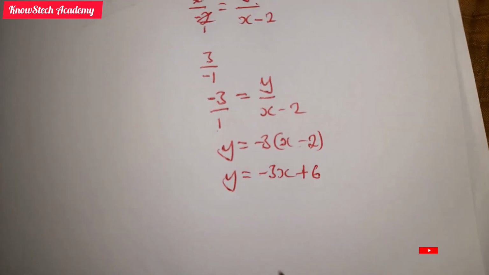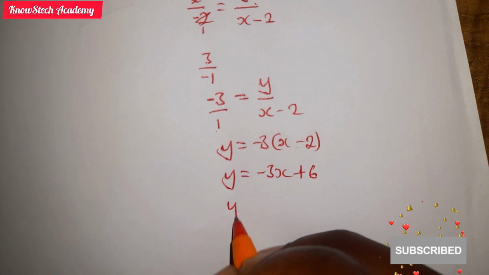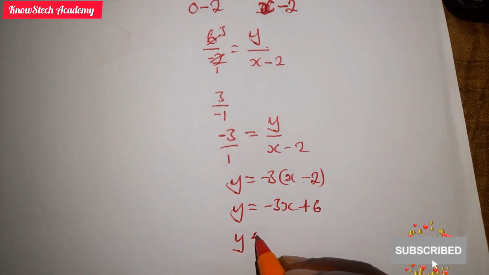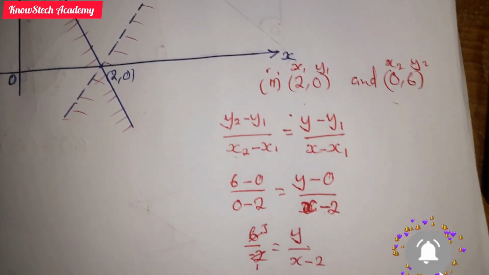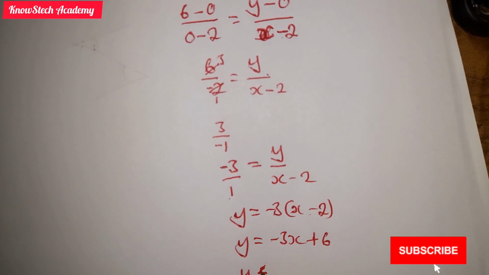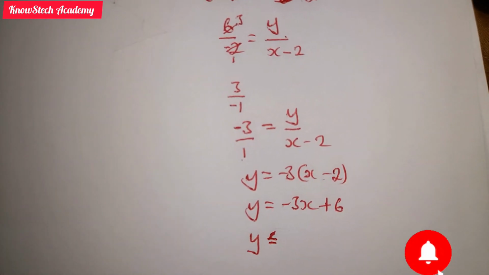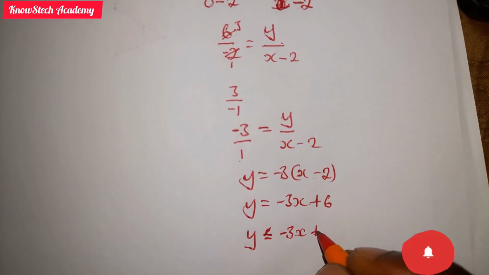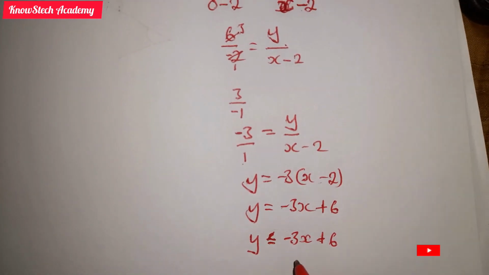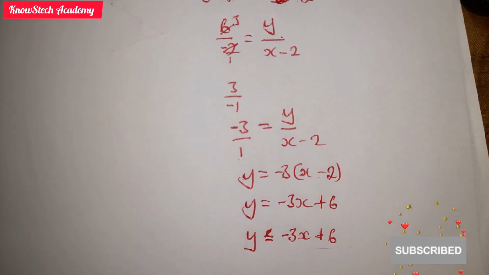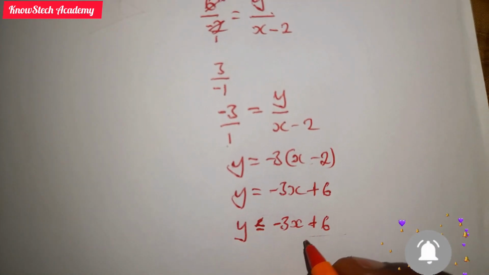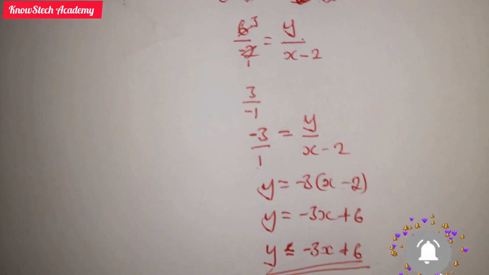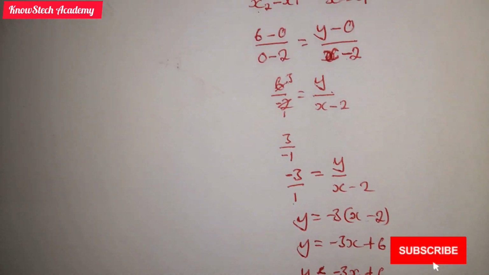So y is greater than, the line is solid, so greater than or equal to negative 3x plus 6. This is the answer. If you want, you can rewrite it and start with x on this side, but just leave it the way it is due to time. All right, this is how you answer the first one.